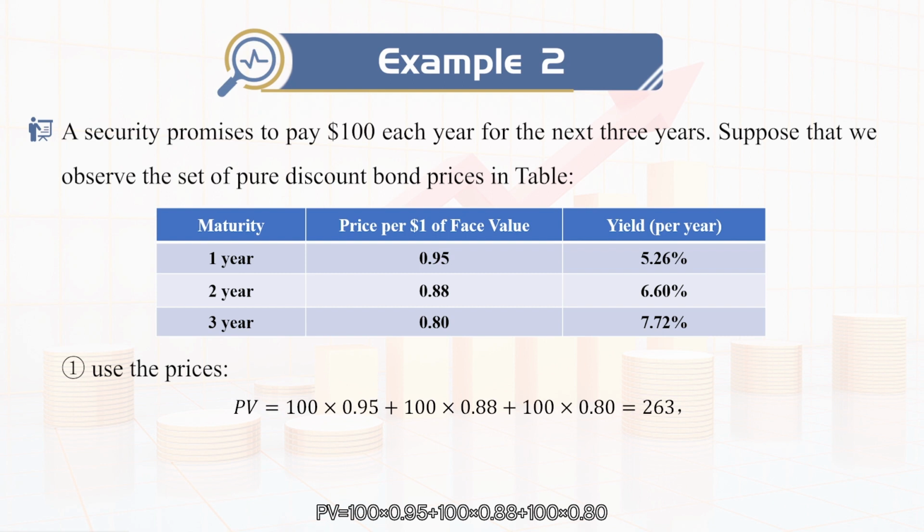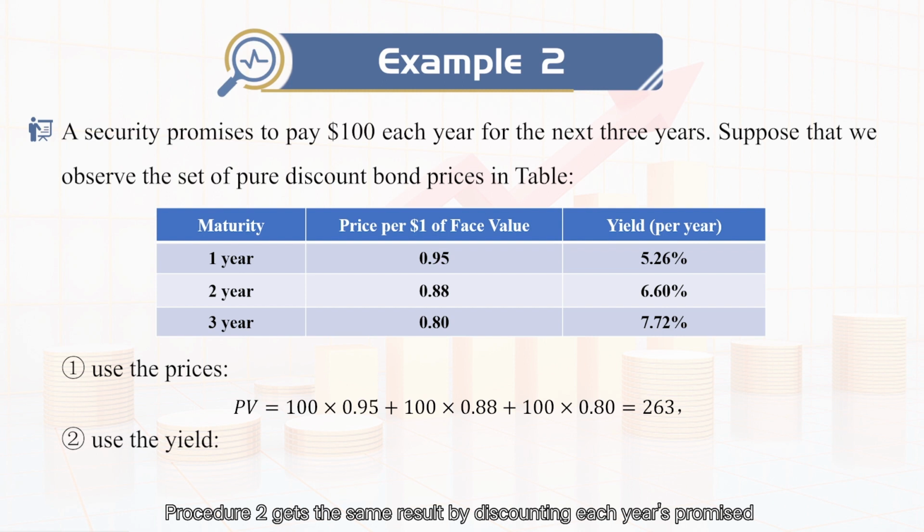PV is 100 multiplied by 0.95 plus 100 multiplied by 0.88 plus 100 multiplied by 0.8. The resulting estimate of the security's value is $263.